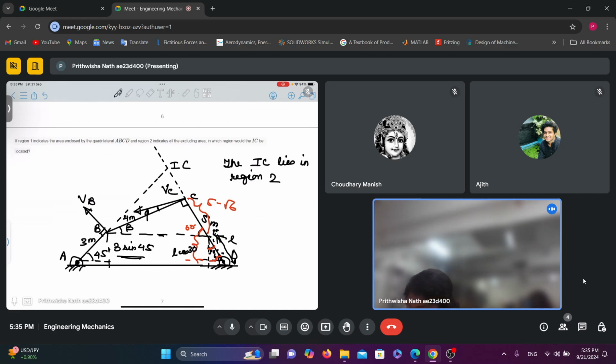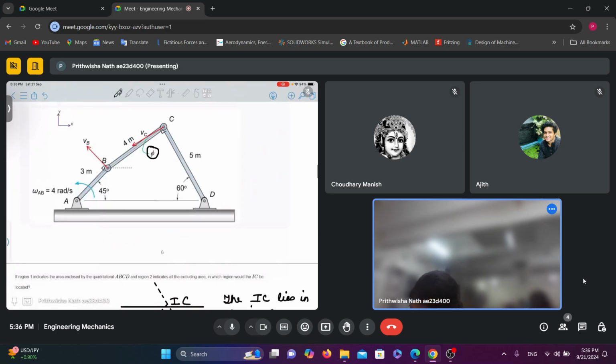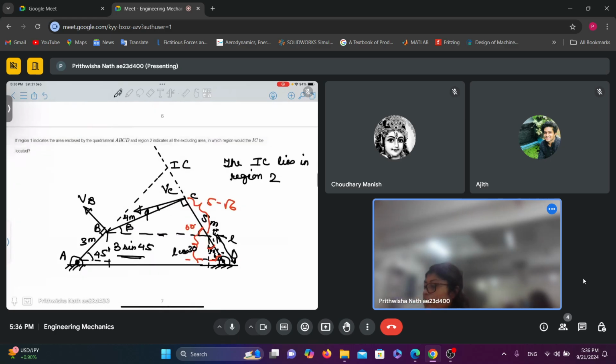Tell me what is phi? You can solve this by using this diagram.